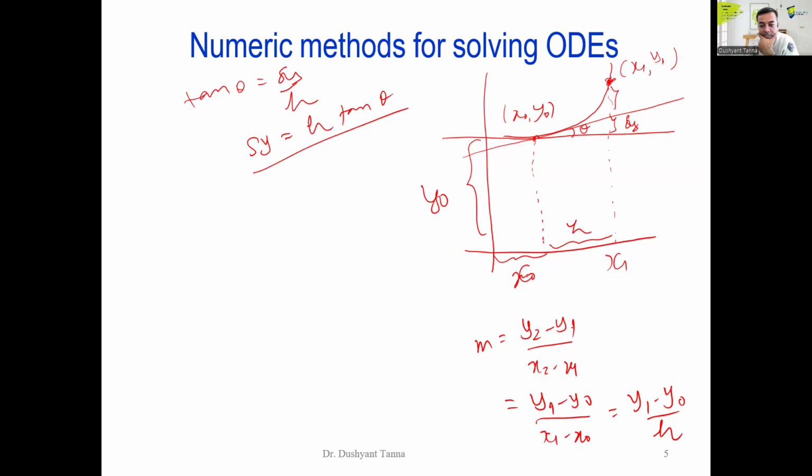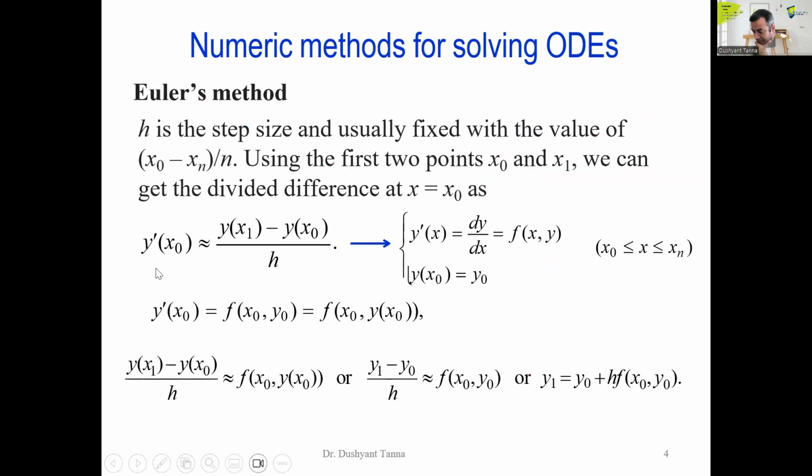Now, if you go back to the previous slide, what we are saying, y dash, which is dy by dx, is also change in y over change in x, or the gradient, okay? What is this h? It's nothing but x1 minus x0. So this is similar to your y dash as m as tan theta, y2 minus y1 over x2 minus x1, change in y over change in x, right?